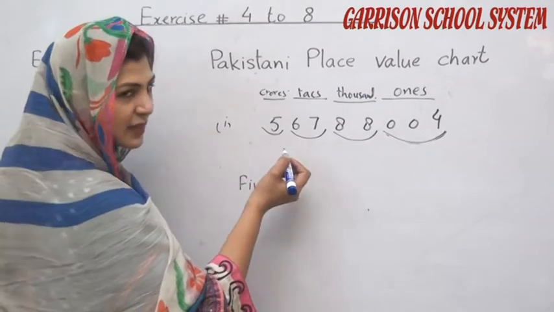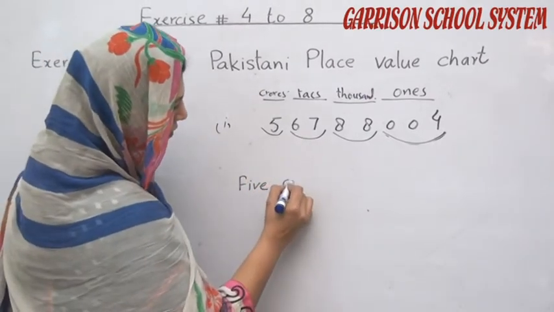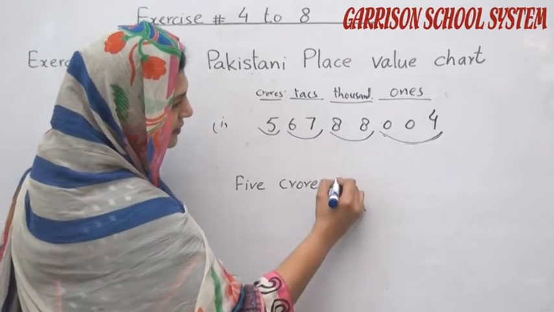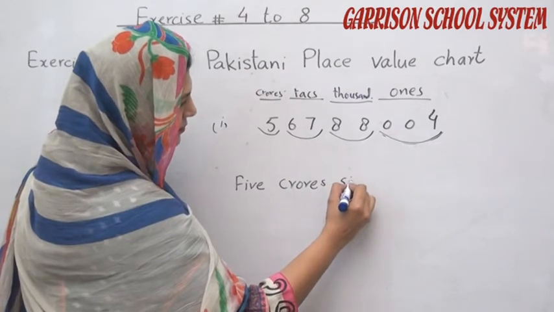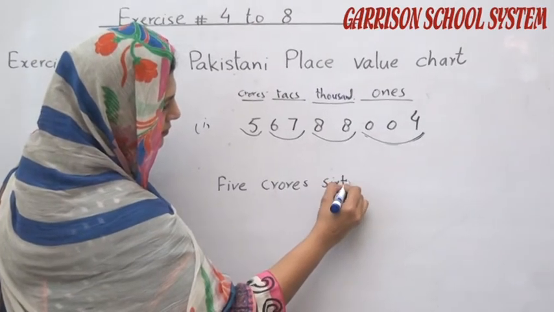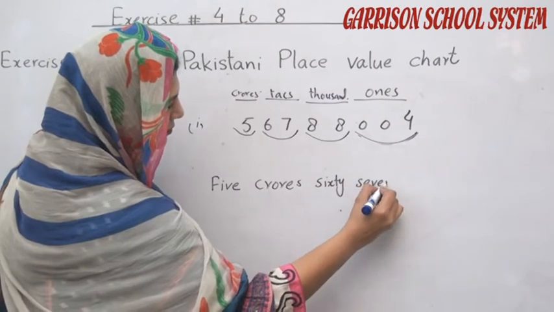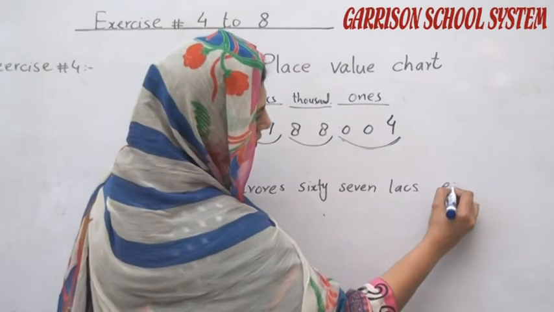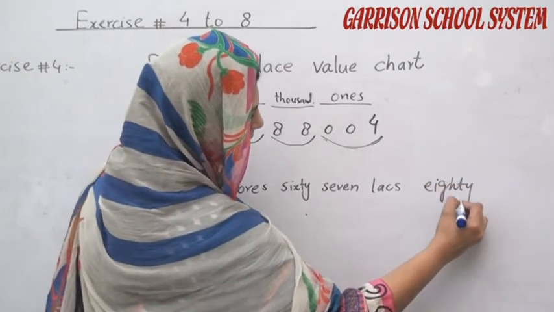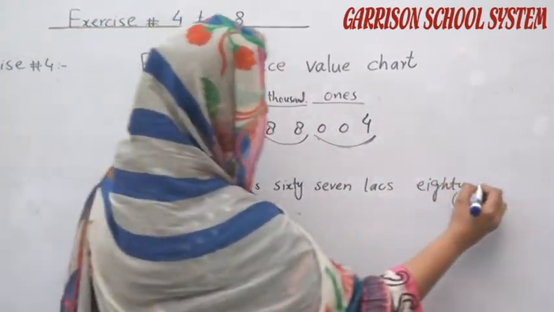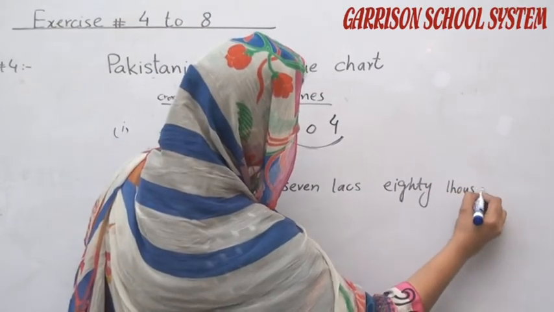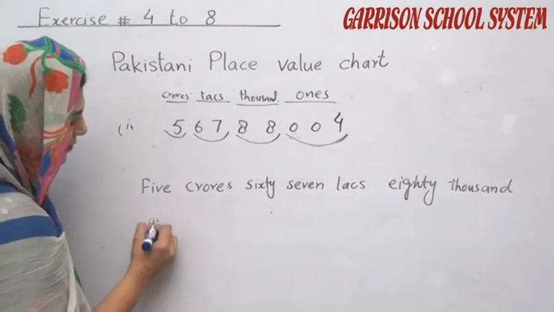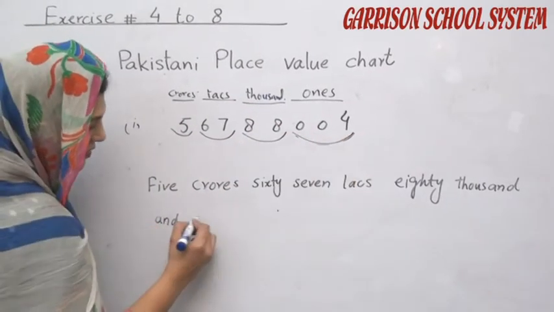We can put commas as well. 5 crores, 64 lakh, 88,000 and 4, just 4.